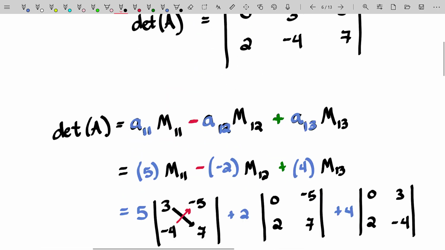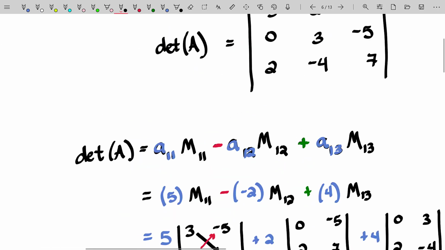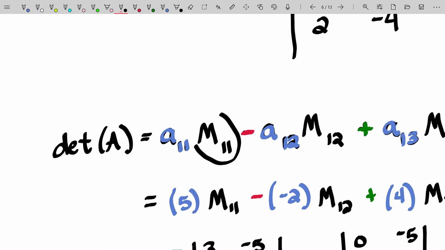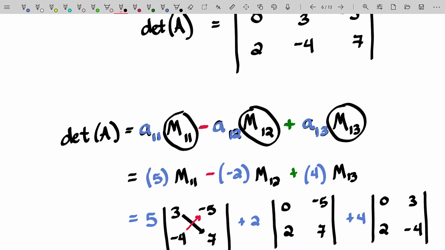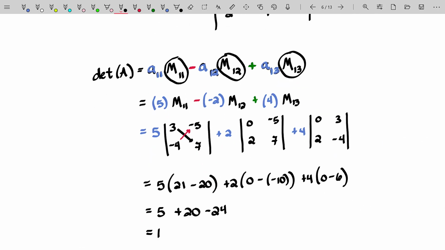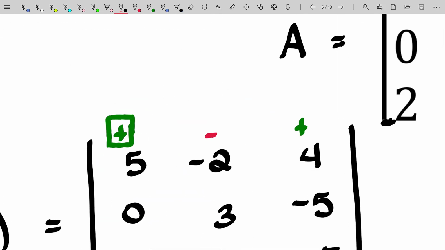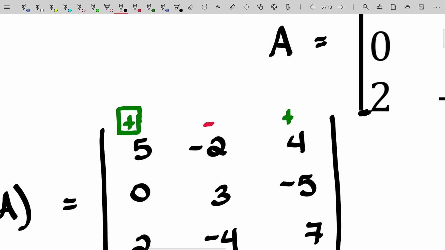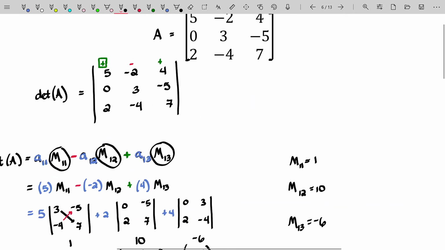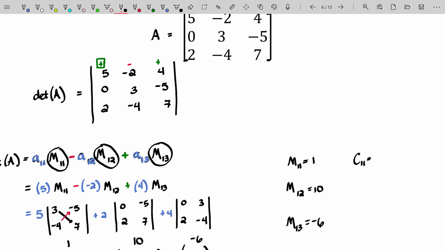For an example, in the problem we did earlier, this guy right here, we had the minors, and if you computed out the minors by themselves without doing anything else, the minors were 1, 10, and -6. Those are what the minors were. Let me actually write those off to the side. And then due to the plus or minus pattern that we laid on top of that determinant, that will adjust the minor itself. For example, C sub 1, 1, which is the 1, 1 cofactor, is going to be a positive M sub 1, 1, which is a positive 1, or just 1.